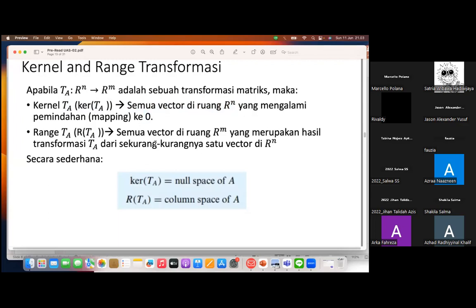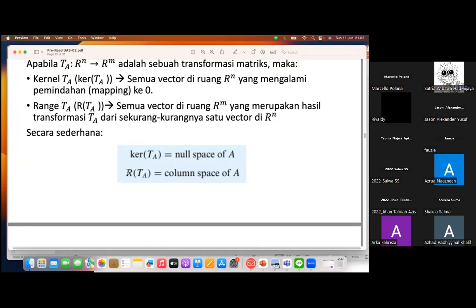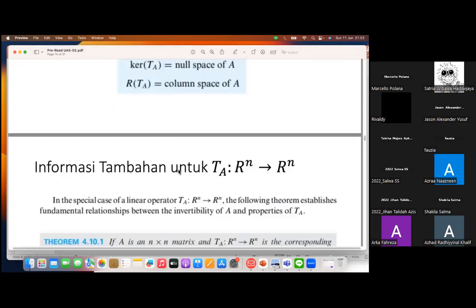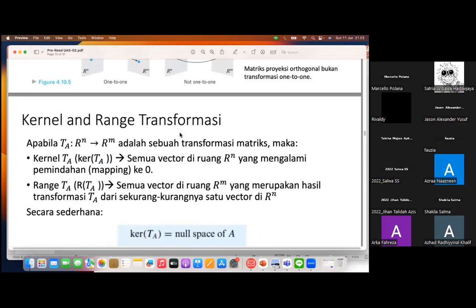And the range is all vectors in Rm that are a result of TA from at least one vector in Rn. To put it simply, the kernel of a transformation is the null space of A, and the range is the column space of A. I think we've learned null space and column space in chapter 4.